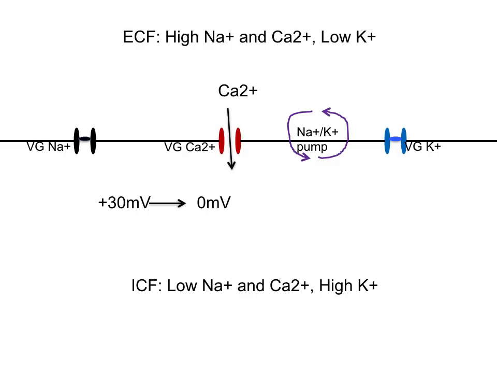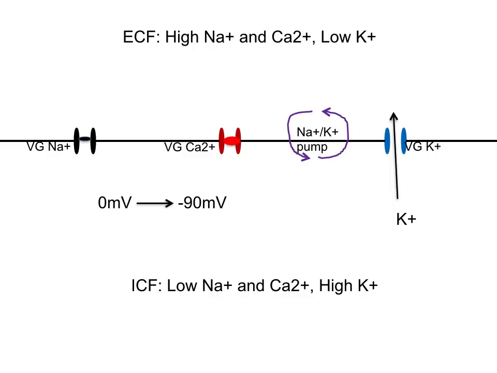Now, at the end of plateau, we do have to return to our resting membrane potential, and that is where we are going to now go into repolarization. So at the end of plateau, the voltage-gated calcium channels close, so there's no more influx of calcium, and the voltage-gated potassium channels open, and just as you learned last semester, we start having large amounts of potassium moving from inside the cell out.